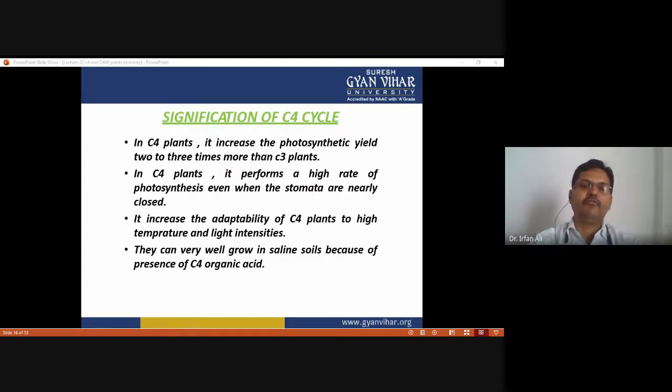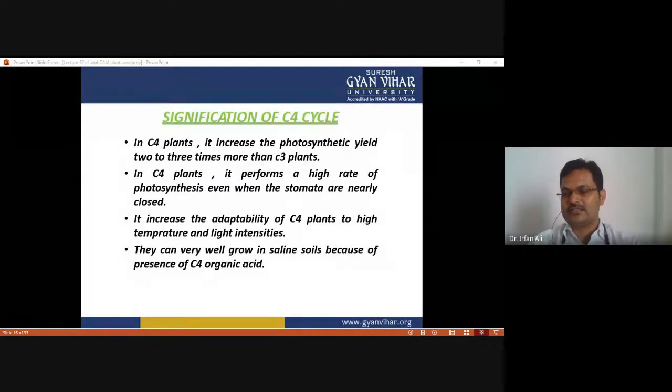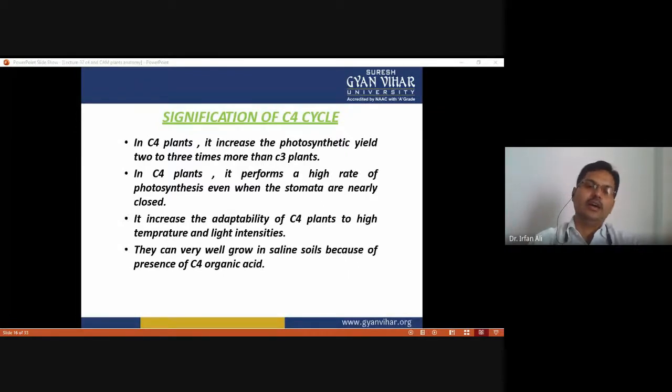They can also grow very well in saline soil because of the presence of C4 organic acids, so there is not much adverse effect of salinity. These plants already have malic acid and aspartic acid, and C4 organic acid means an organic acid that has four carbon atoms in its structure.